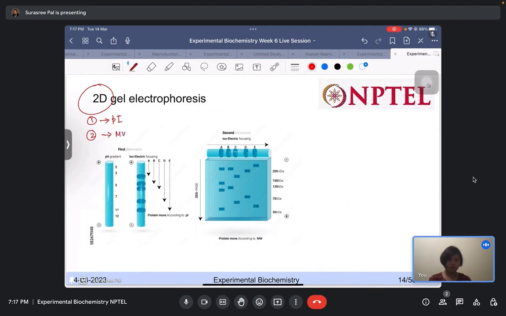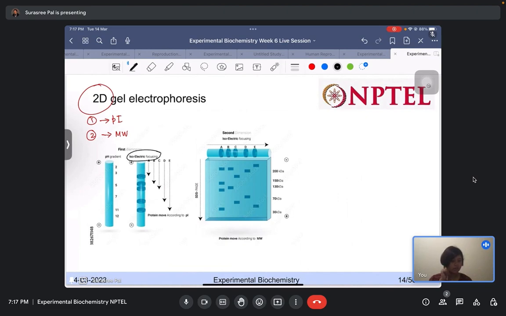So there are two factors for resolution of the protein samples here. The first dimension is the PI of the protein or the charge of the protein. This is called isoelectric focusing.